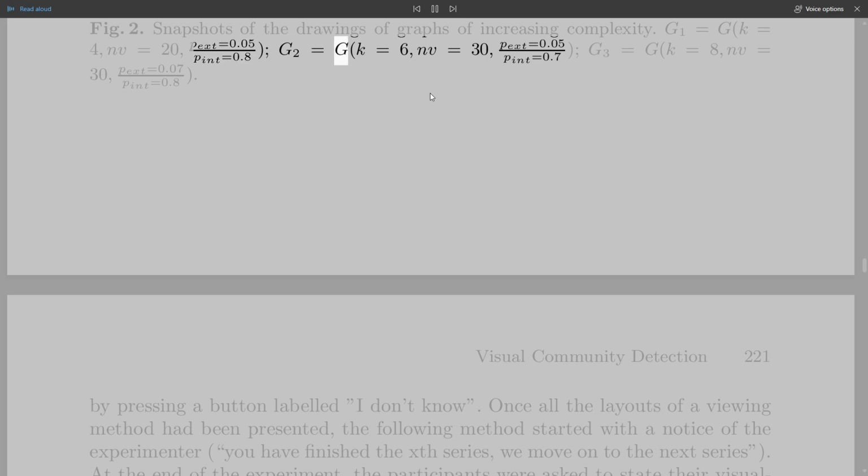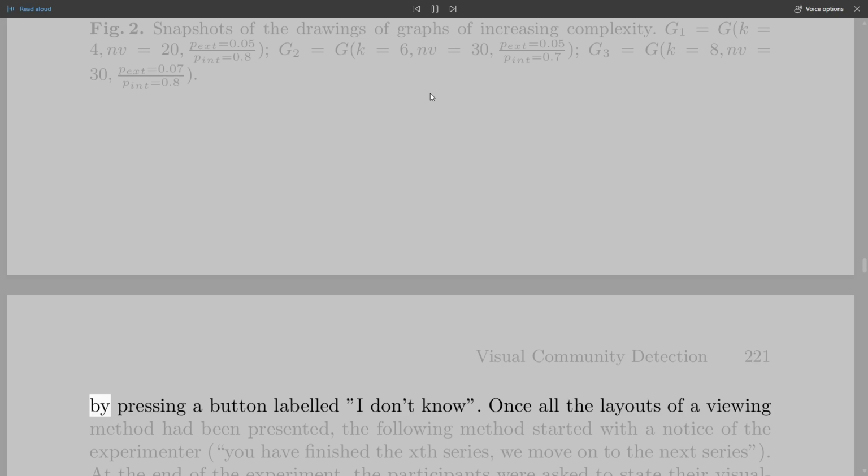G2 equals G, K equals 6, NV equals 30, pext equals 0.05, pint equals 0.7. G3 equals G, K equals 8, NV equals 30, pext equals 0.07, pint equals 0.8. Visual community detection.